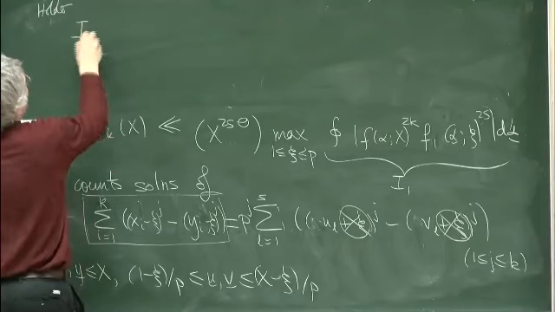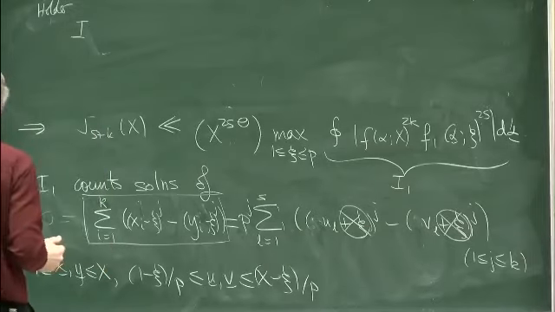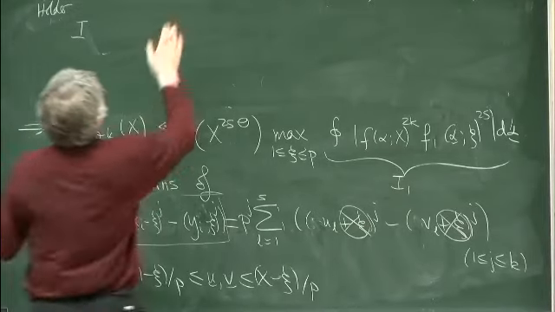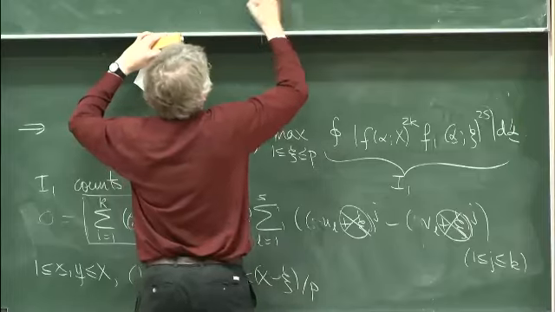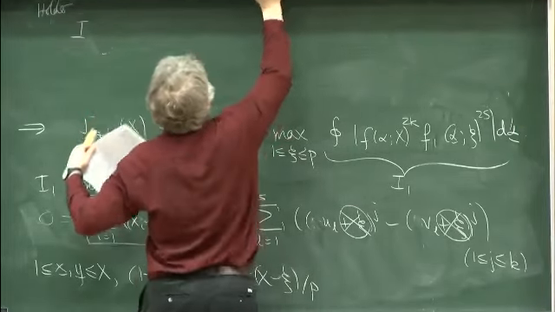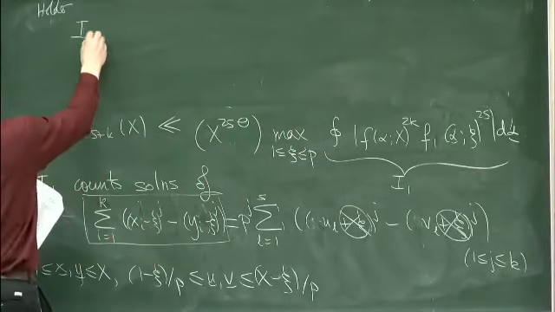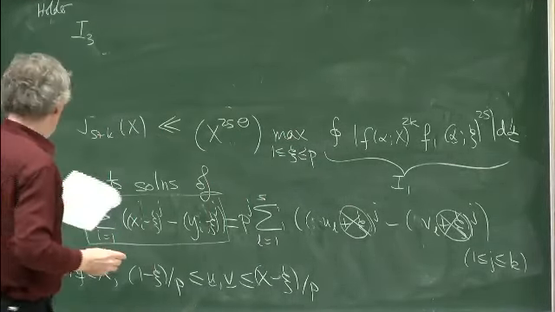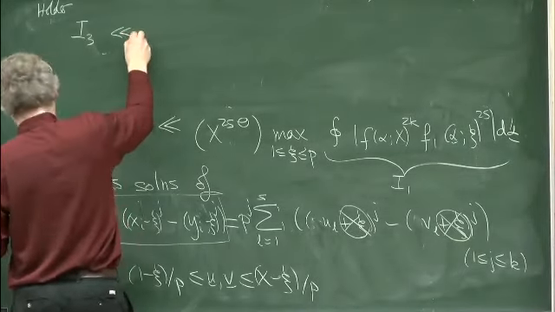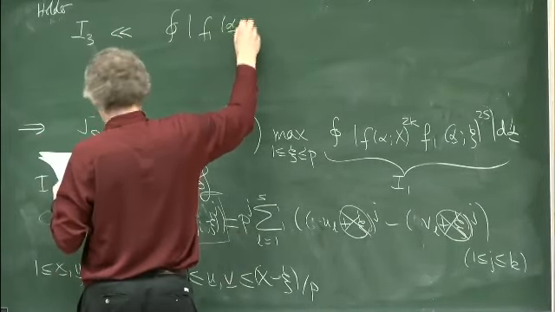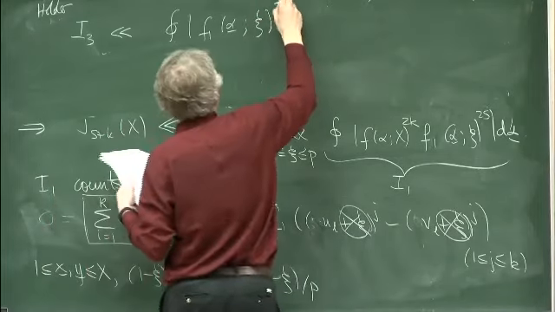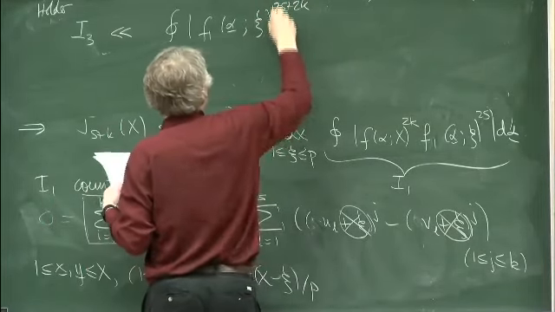So I2, I3, let's call this I3. This is supposed to extend over here. So I3, I can bound above by, now of course I prepared this all in advance, so I know exactly the right exponents to take.